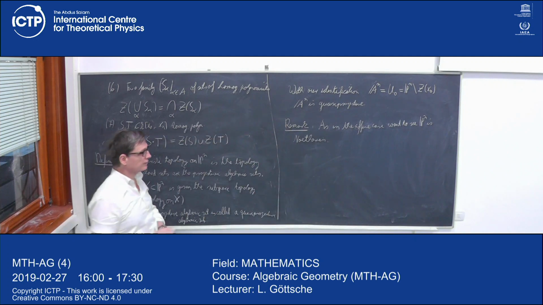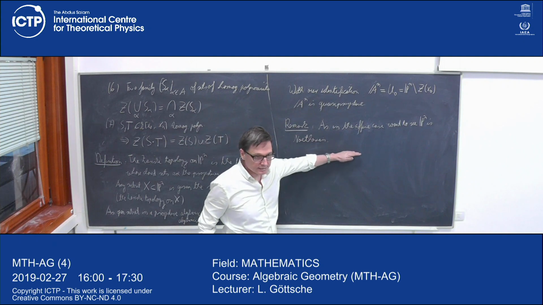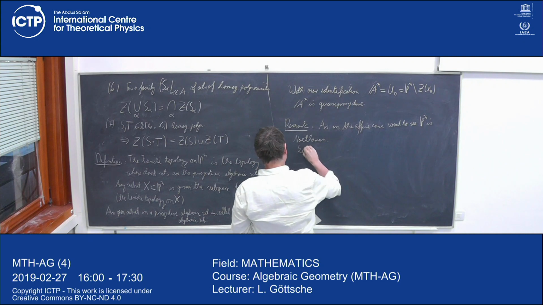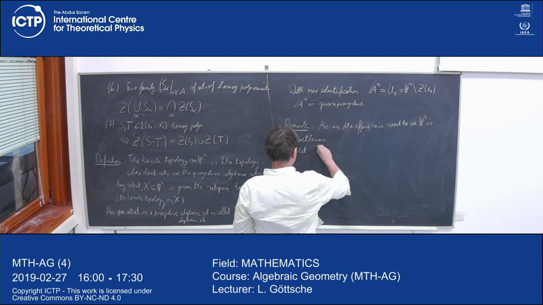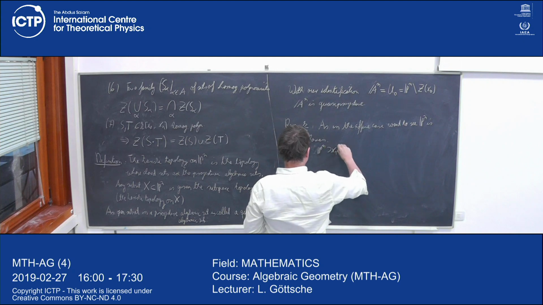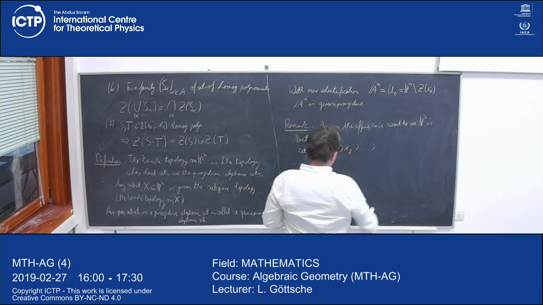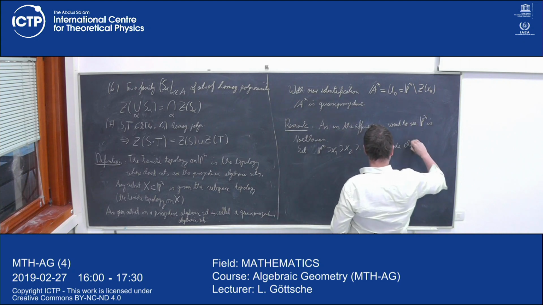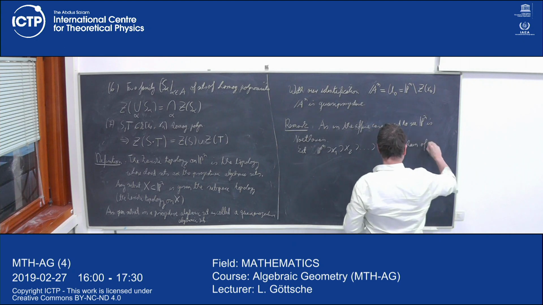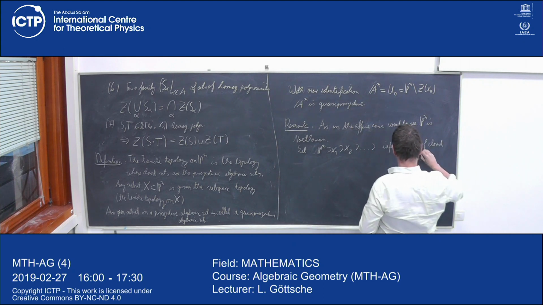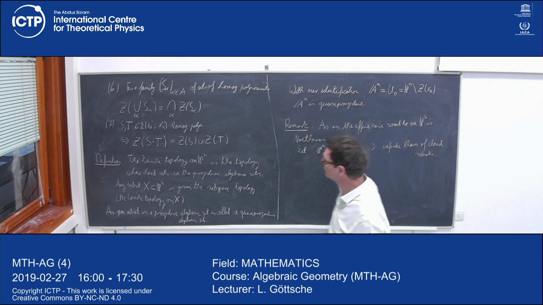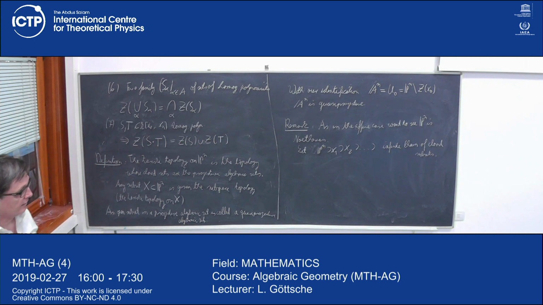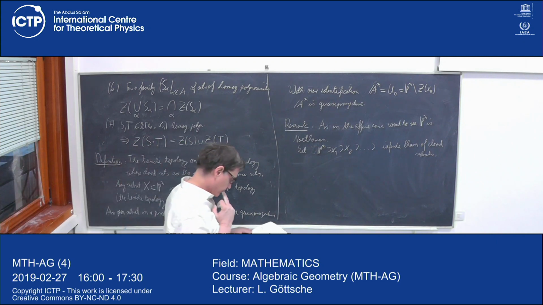So what one has to show is that any descending chain of closed subsets becomes stationary. So I have an infinite chain X1 contained in X2 and so on, of closed subsets like that.